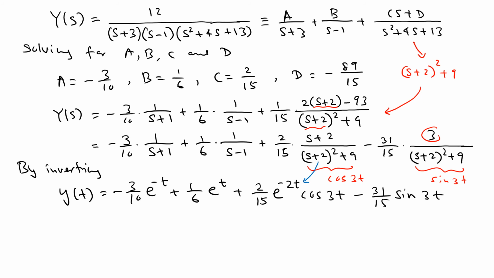Okay, so let's also look at what this differential equation is. Let's go back to the differential equation. We start with y double prime plus 2y prime minus 3y equals 4 e to the negative 2t sine 3t.